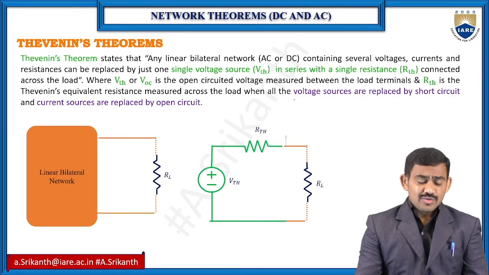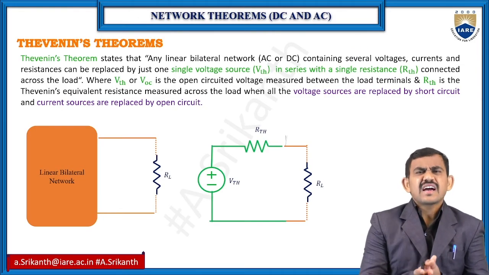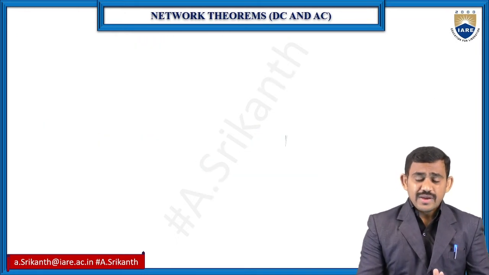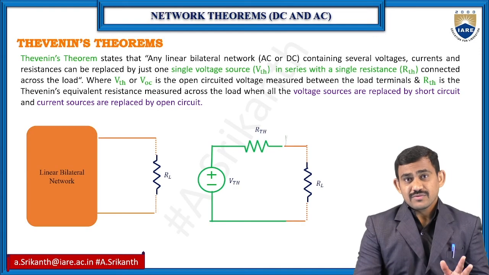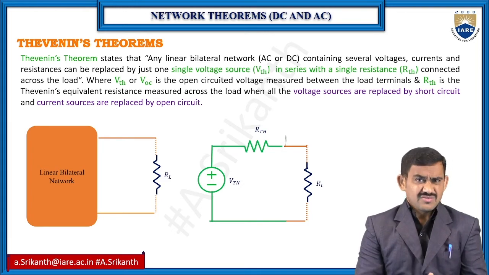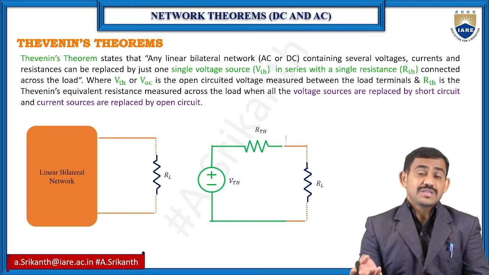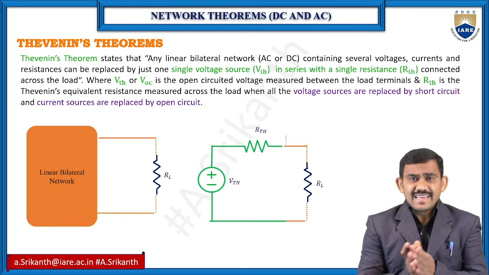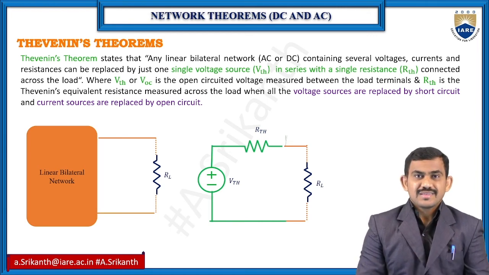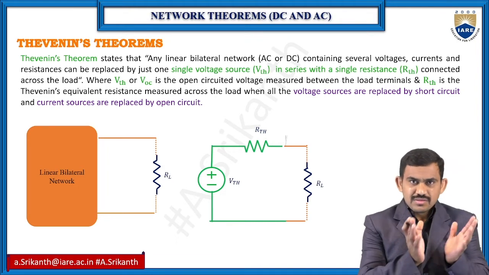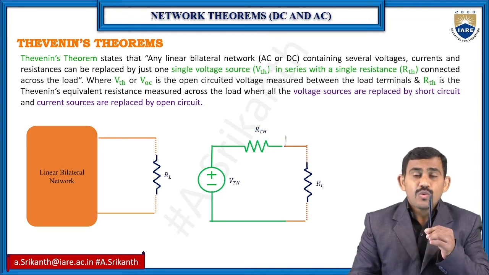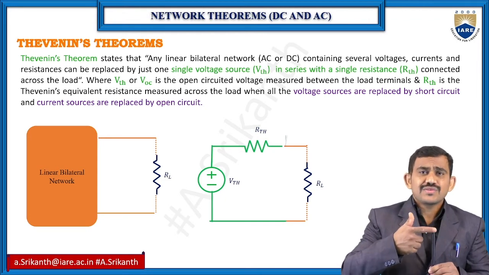Okay. Now coming to Thevenin's and Norton's theorems. Both are the same, and the statements are also similar. When we have n number of sources, not only voltage sources, and n number of passive elements, for DC that means n resistors and for AC n passive elements, the whole circuit can be converted into a single equivalent circuit having only one voltage source in series with one impedance or one resistor.